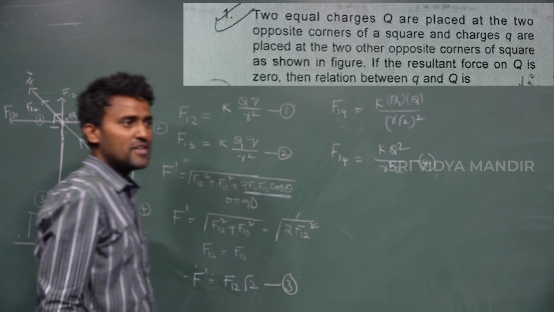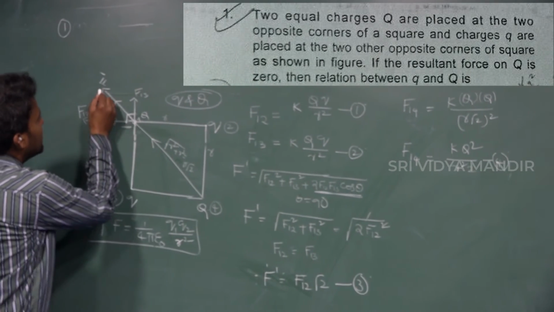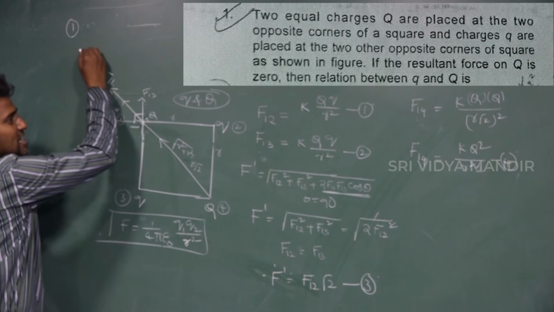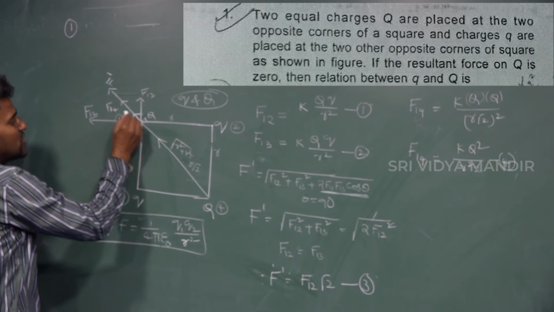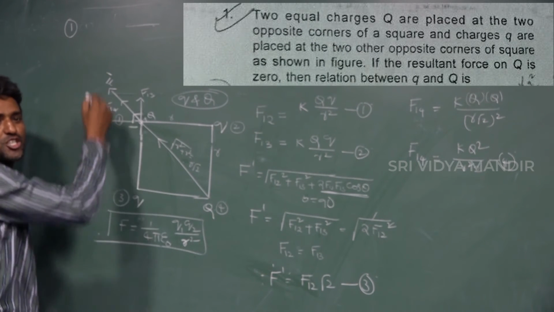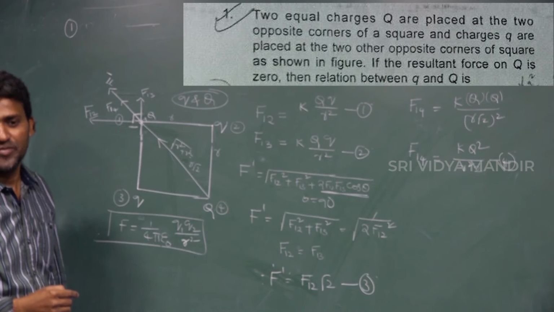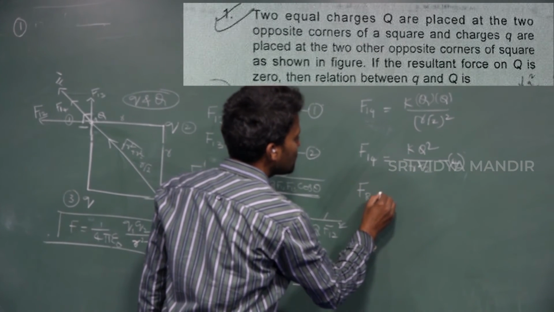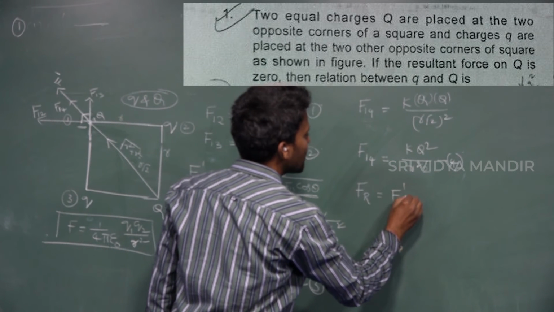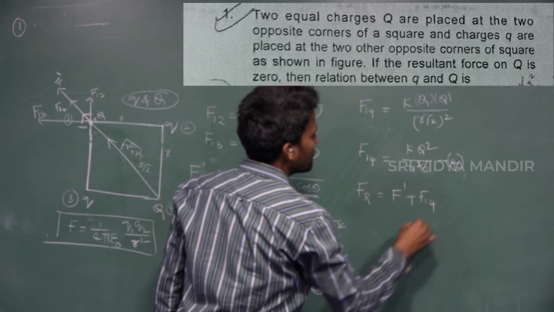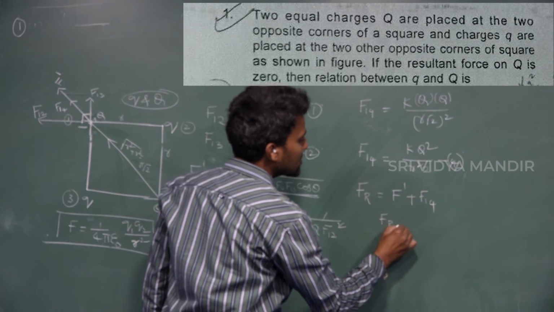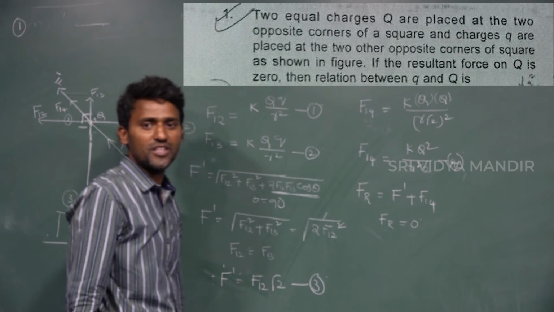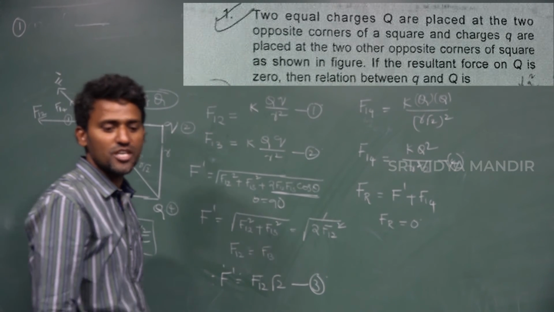See here, F dash is acting along this direction, and F14 is also acting along this direction. Both are acting in the same direction. So the resultant force is equal to F dash plus F14. In the problem they have given the resultant force is equal to 0.